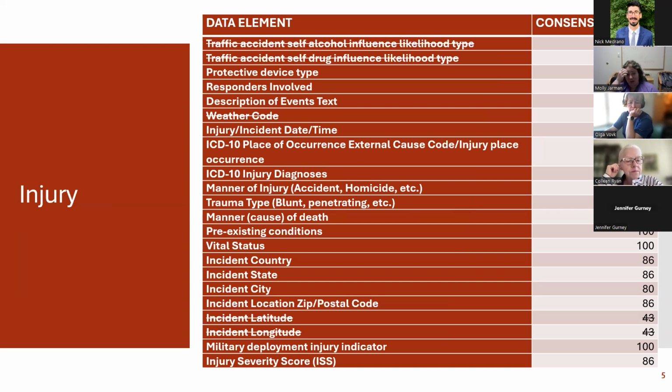There's the ICD injury diagnosis, this place of occurrence code, and then the separate external cause of injury codes, which is what the categories Olga just shared are based on. If we aren't capturing the external cause of injury codes, we should be.